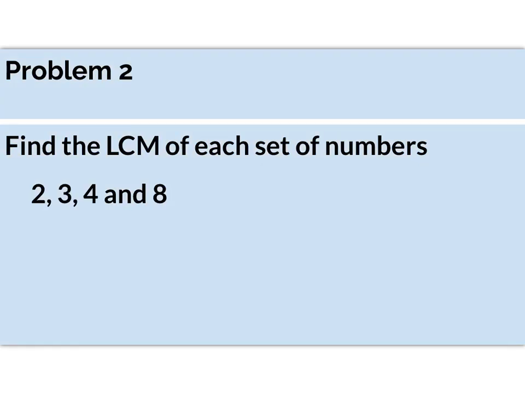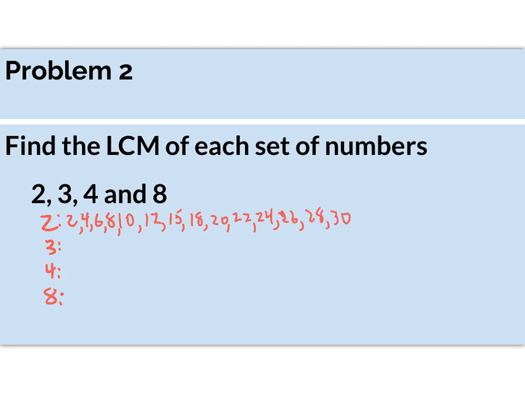Okay, now what do we do when we have several sets of numbers? We have 2, 3, 4, and 8. It's the same process. So 2, 4, 6, 8, 10, 12, 15, 18, 20, 22, 24, 26, 28, 30.